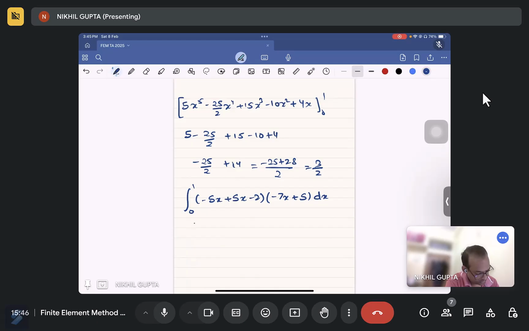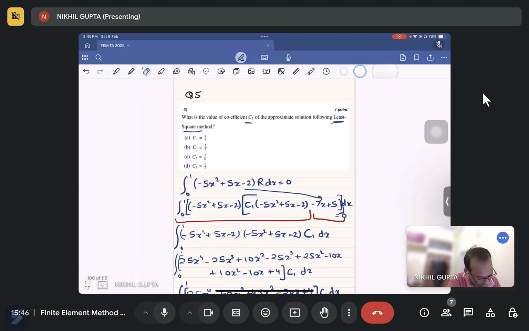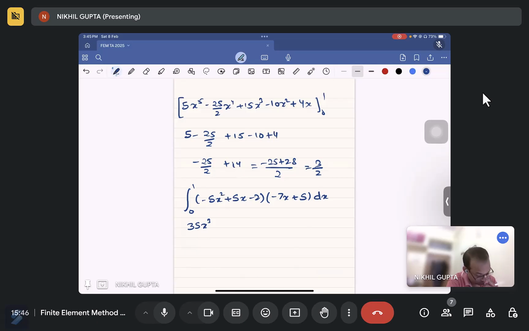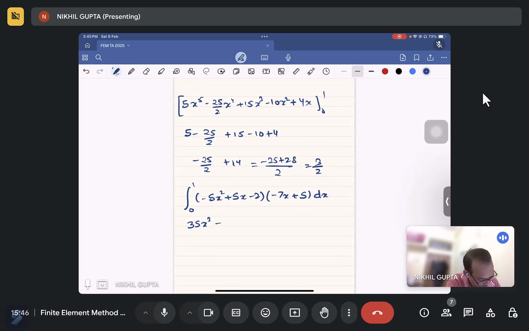So this will be 35 x cube, then minus 25 x square, 35 x square, 25x, then plus 14x minus 10.